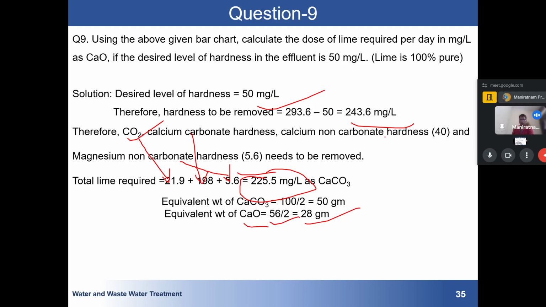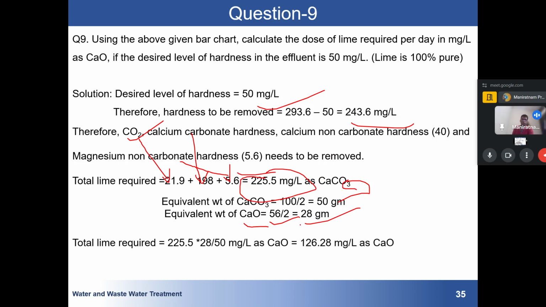So again, I will divide with the help of equivalent weight, and you will get the number of equivalents, and again you will multiply it by 28, so you will get the total lime required. So 225 into 28, 28 is the equivalent weight, divided by 50. Remember, first we have divided by 50, then multiplied by 28. So it is giving 126.28 milligram per liter as calcium oxide. Okay.